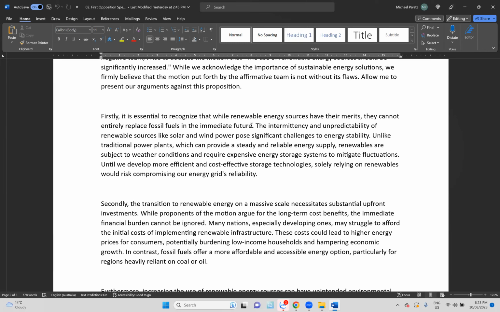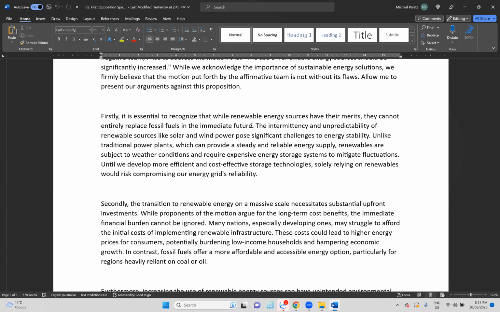Unlike traditional power plants, which provide a steady and reliable energy supply, renewables are subject to weather conditions and require expensive energy storage systems to mitigate fluctuations. So they're saying to avoid these problems, we're going to need to spend a lot more money on it.